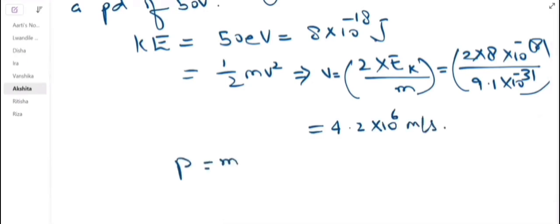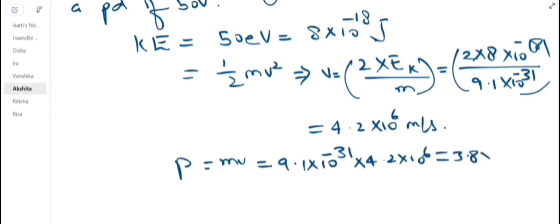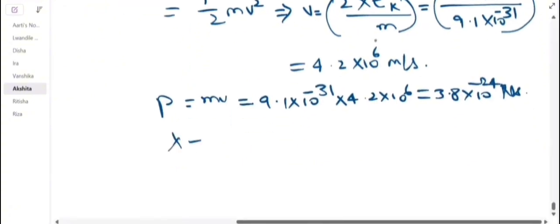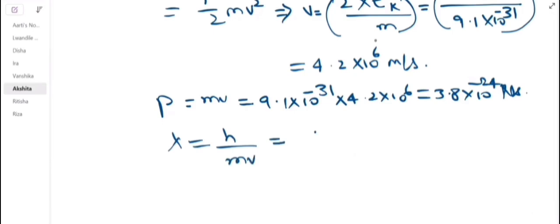With the help of this I can find the momentum, which is 9.1 into 10 raised to minus 31 into 4.2 into 10 raised to 6, which gives 3.8 into 10 raised to minus 24 Newton second. Hence we can find the wavelength, which is h over mv. So it will be 1.7 into 10 raised to minus 10 meters.